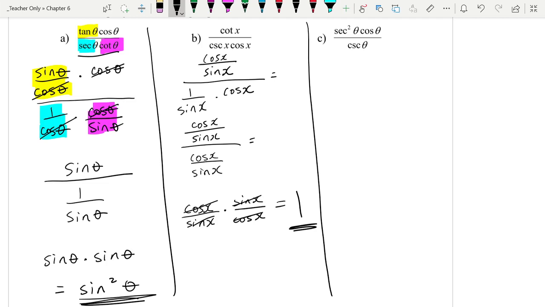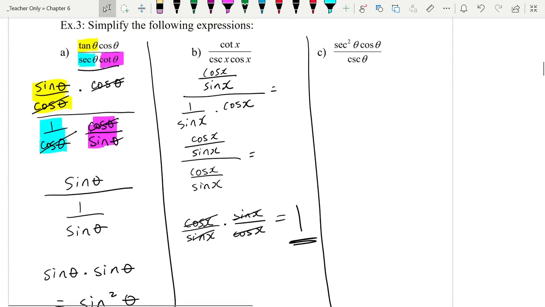All right, let's try the next one. Secant squared is 1 over cos squared. And cosecant is 1 over sine. So what does this simplify to?